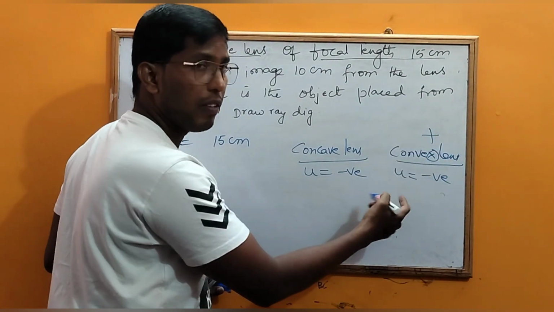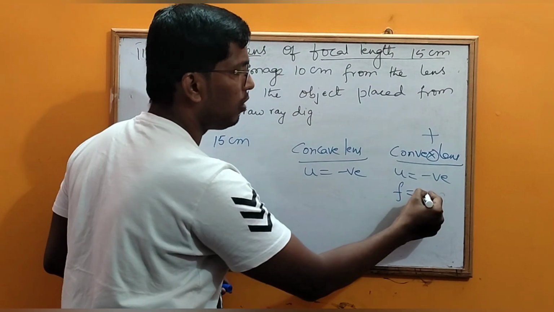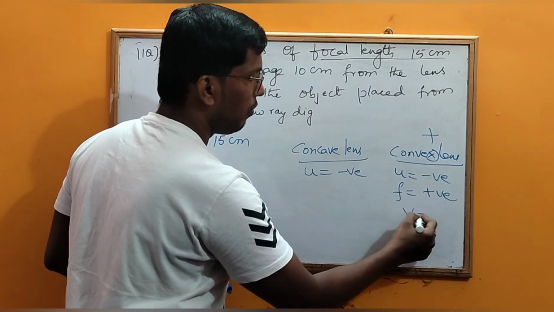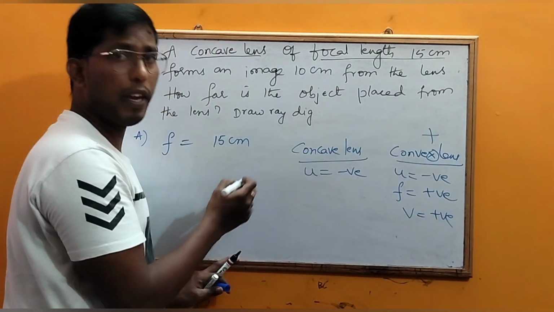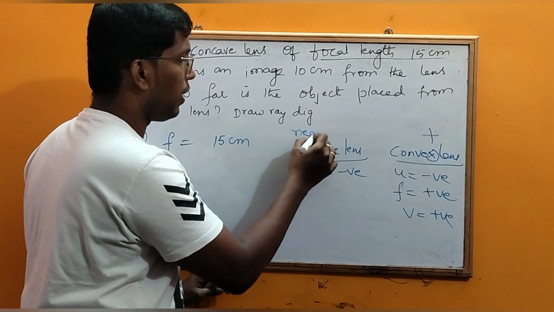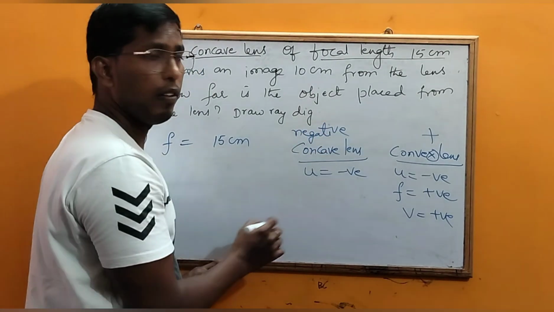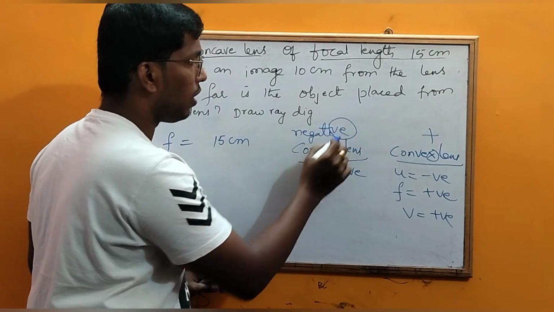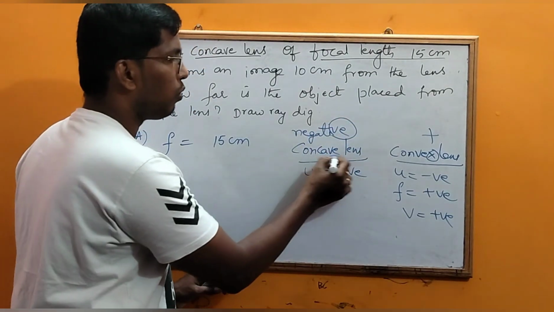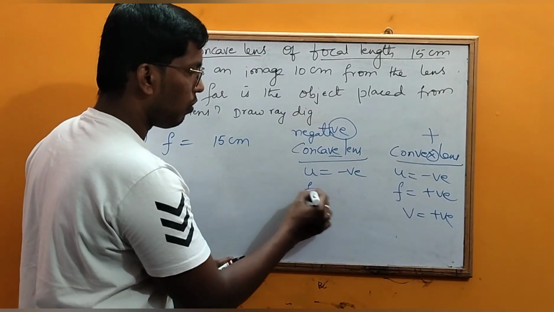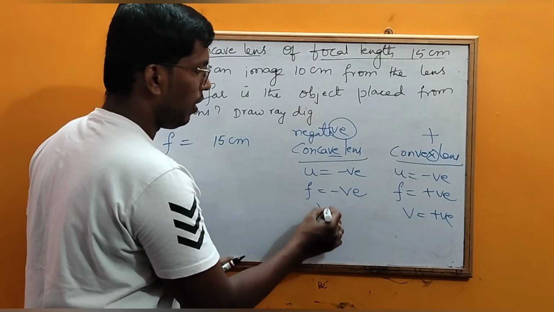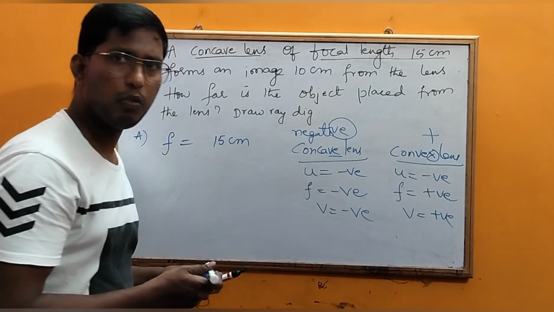So in convex lens, everything is positive: F positive, V positive. In concave, if you write the word negative, the last two letters are VE. Here also VE, negative. So F minus and V minus. Understood?